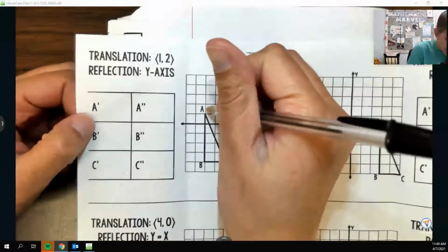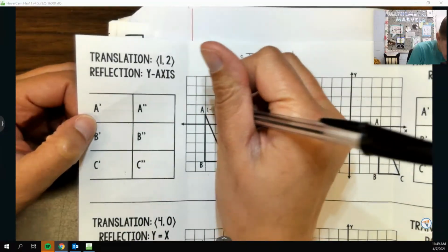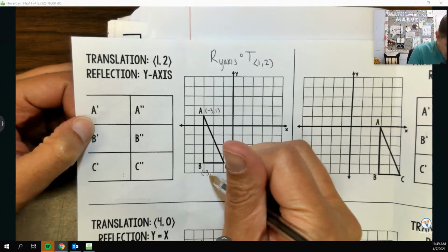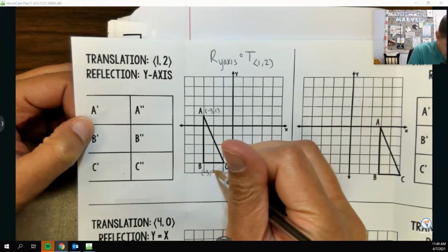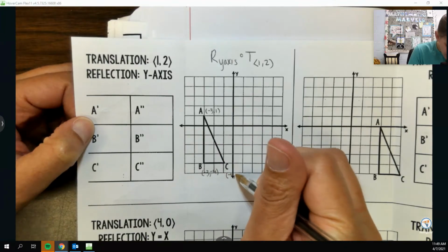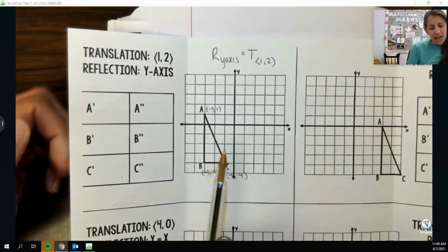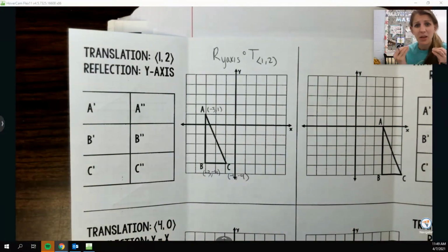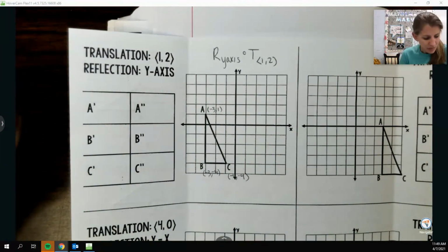So I'm going to write the points next to these. So A is at -3, 1. And then B is at -3, -4. And then C is at -1, -4. And then once I do that, I'm just going to write my priming points over here, and then I'm just going to plot the final one.